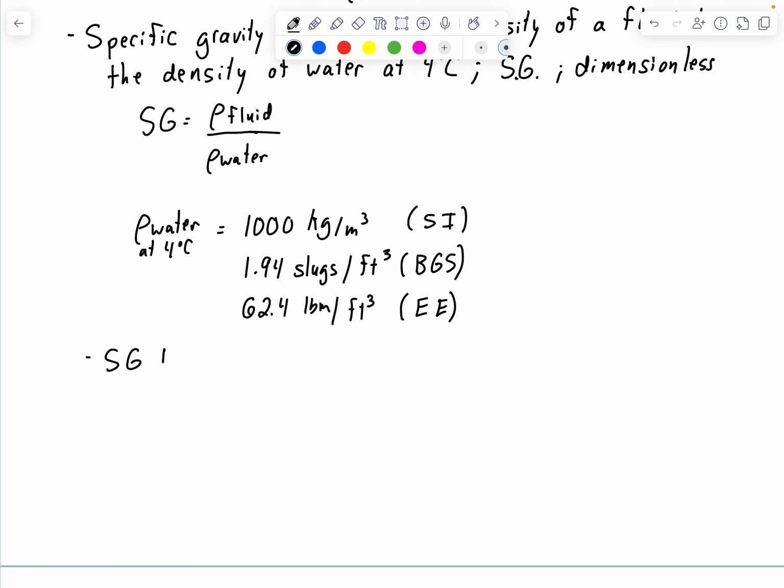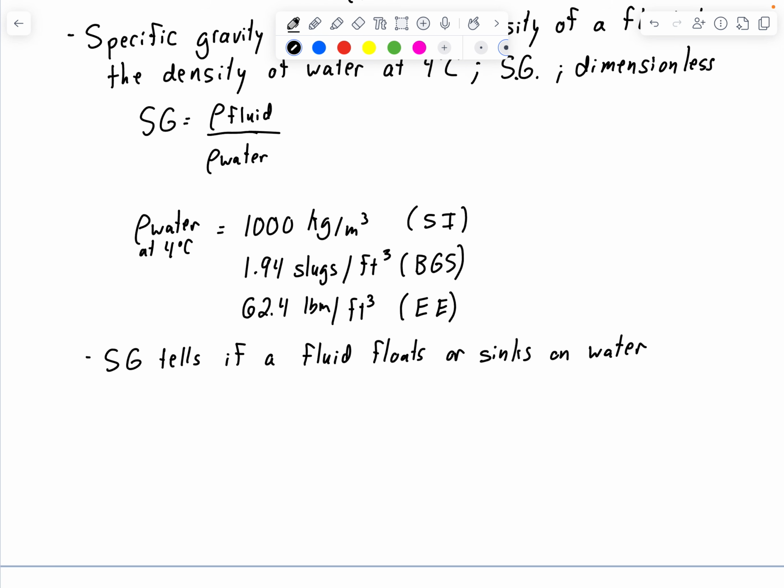So specific gravity tells if a fluid floats or sinks on water. So it's a nice shorthand to tell if something is less dense or more dense than water, because it is a ratio. And so instead of specifying the density, you can just say, oh, the specific gravity is this amount.